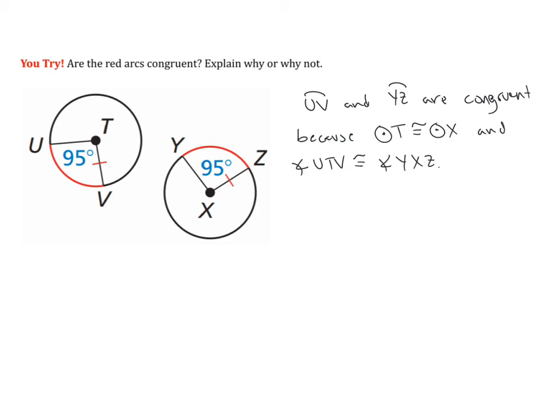So that's what I mentioned in the explanation. I said that both circles are congruent and I have congruent angles as well. So long as you said something about the angles being equal or the angles being 95 degrees, and you mentioned something about the circles being congruent, that explanation is good enough.